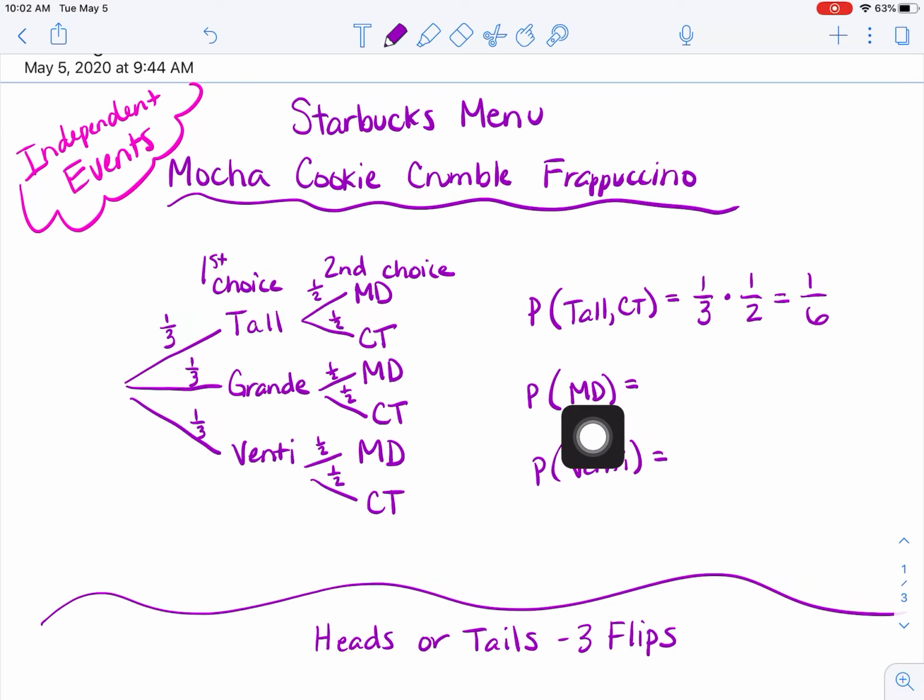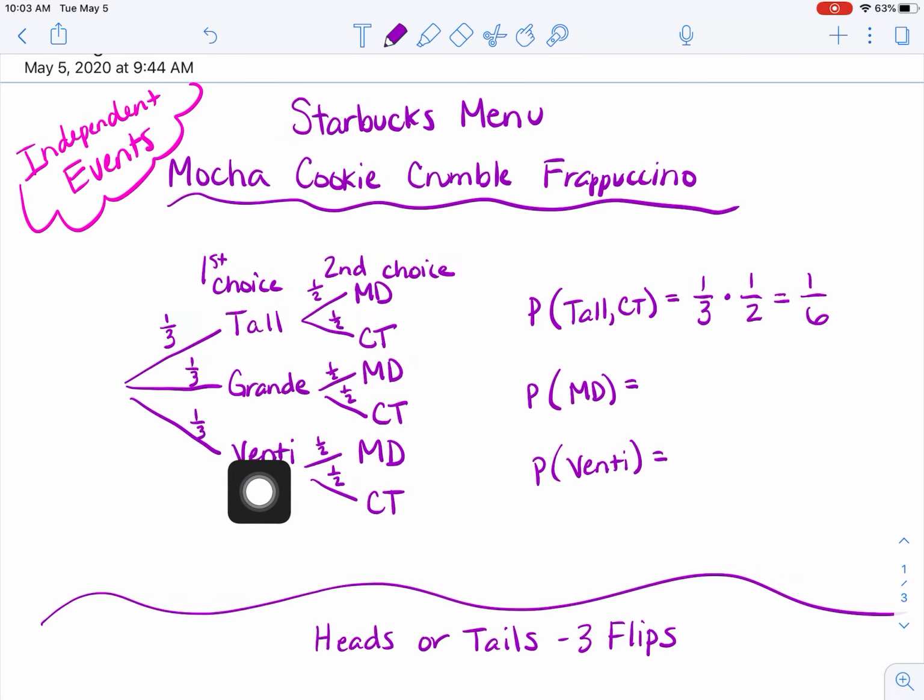The next one is the probability of any size drink. All I'm specifying is it has to have mocha drizzle. So if I look up here, I could have a mocha drizzle there, I could have a mocha drizzle there, and a mocha drizzle there. If you're using your fractions, a tall mocha drizzle would be 1/6 because of 1/3 times 1/2.